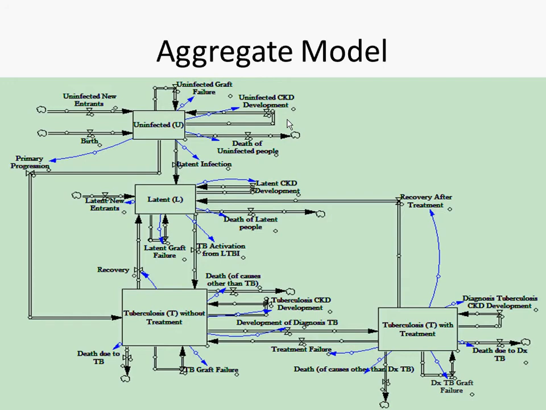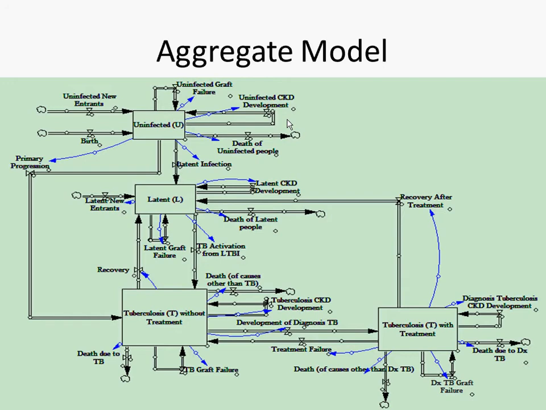There are many reasons for that. And kids have differences with respect to their likelihood of transmitting the infection. It seems they're more likely to get infected and present with active TB disease, going through what's called primary progression. So we might want to distinguish people by age categories here.